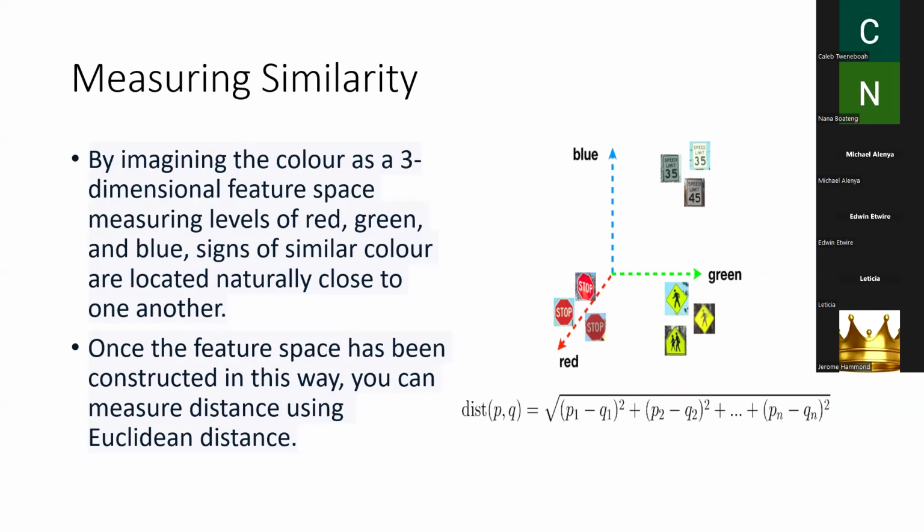I'm going to send you a data set that is made out of road signs, and you will see, for instance, that the road signs consist of different color intensities. So you have color red, you have color green, color blue.